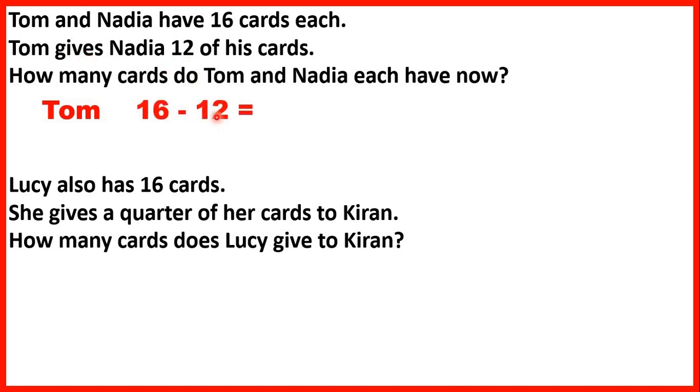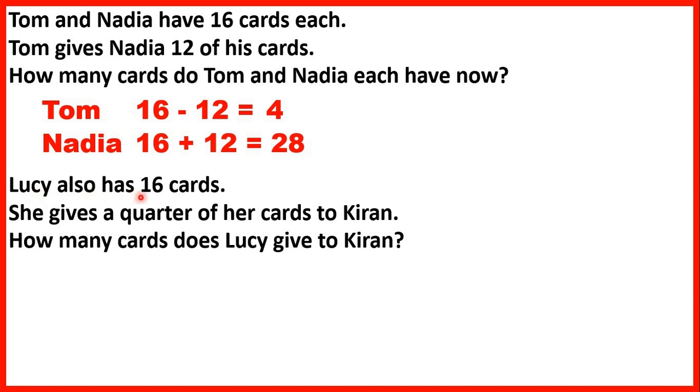So he now has 12 less than 16, and 16 minus 12 is 4, so that means that Tom now only has 4 cards. And now, if we think about Nadia, she started with 16, but then she got 12 more from Tom. So we can work out 16 plus 12, and that means that Nadia now has 28 cards.